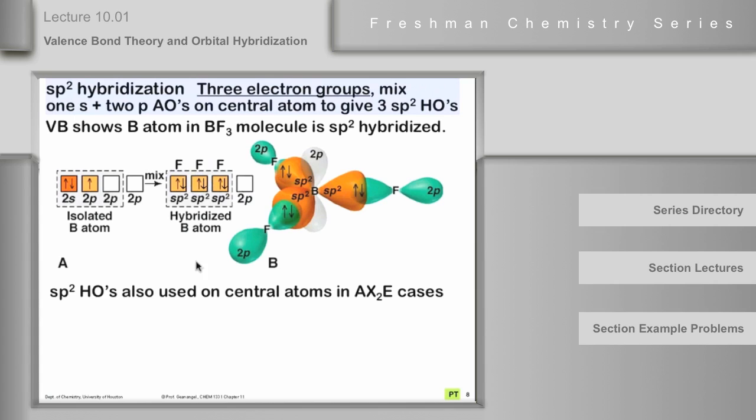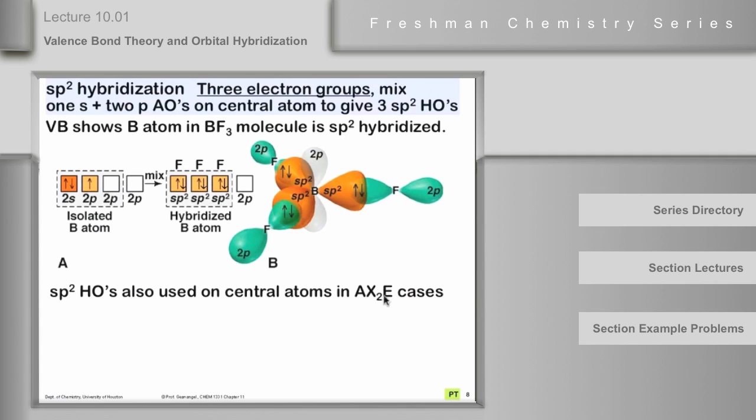Now, the same sp2 hybrid orbitals can be used for any central atom that has three electron groups around it. So AX3 is one of them, but it could also be AX2E, for example. In that case, one of the hybrid orbitals would accommodate the lone pair, the E. That's perfectly all right.